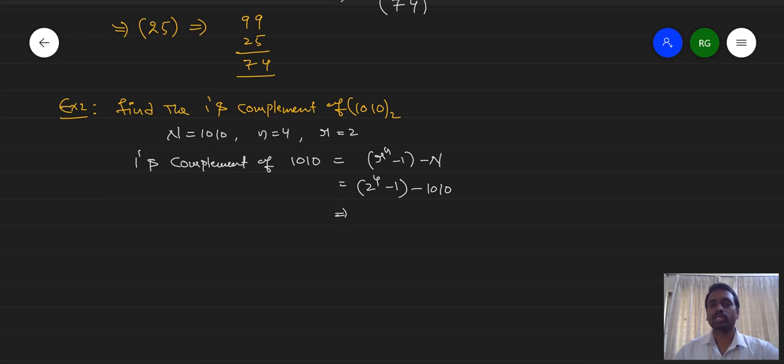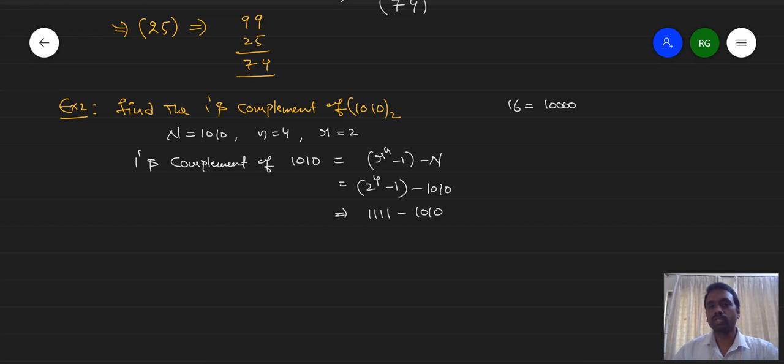If you convert 16 into binary, that is 1 followed by 4 zeros. So 1 followed by 4 zeros minus 1 gives you 4 ones. That is what we explained in the previous one: 2 power n minus 1 gives you n number of ones, minus 1010.